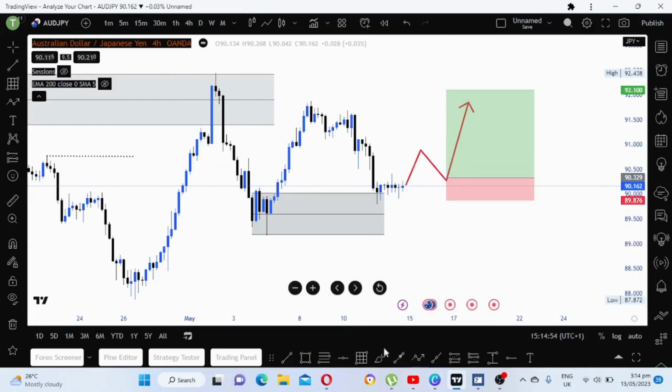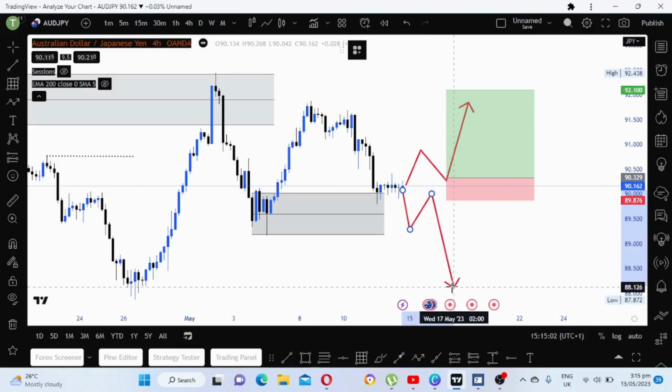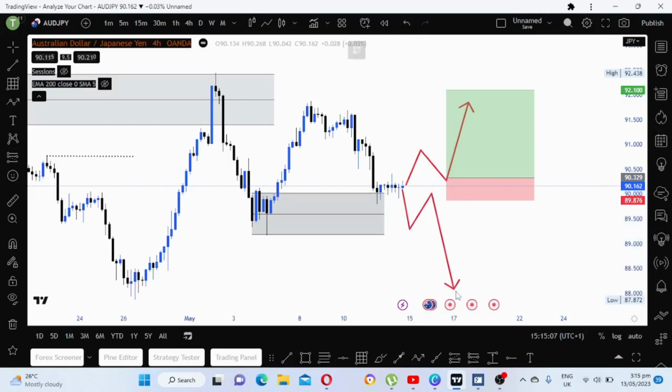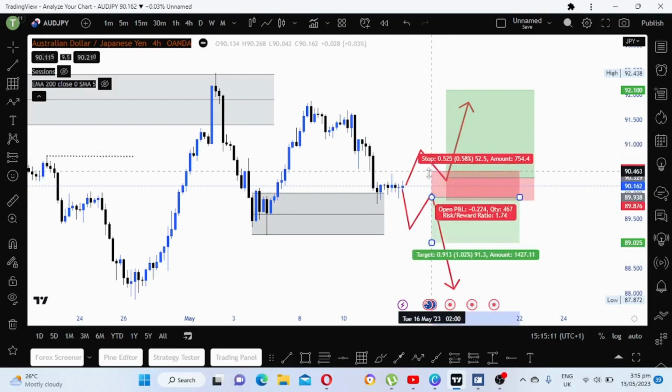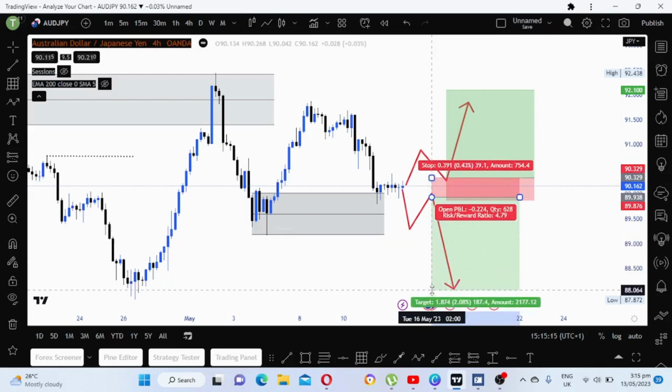Or price can just open and break this low, we wait for a retest and then we sell. So that's my view on AUD JPY. We target this low here.